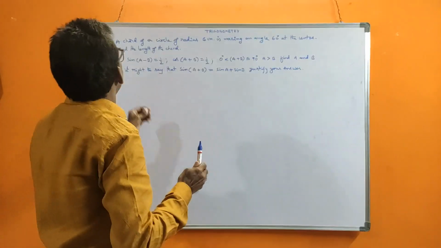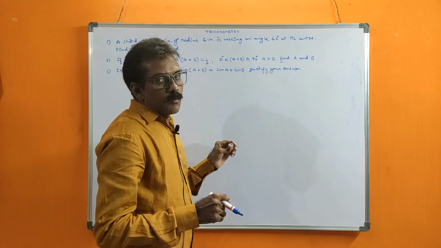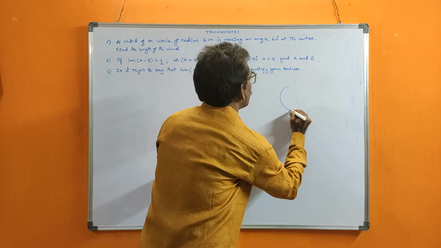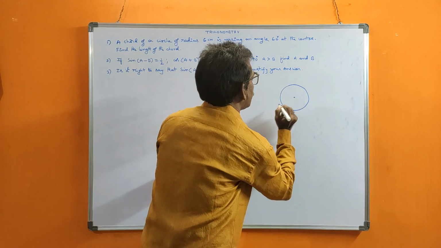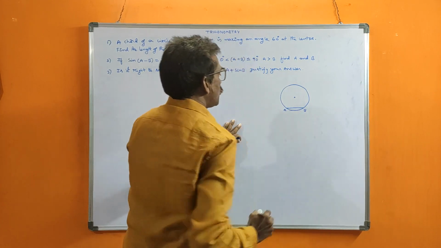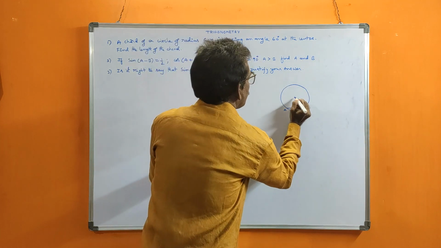That's why he gave a chord of a circle of radius 6 centimeters. Because chord means in the circle, he gave the radius of the circle. See, this is the center. Suppose AB is the given chord. And he gave the radius.